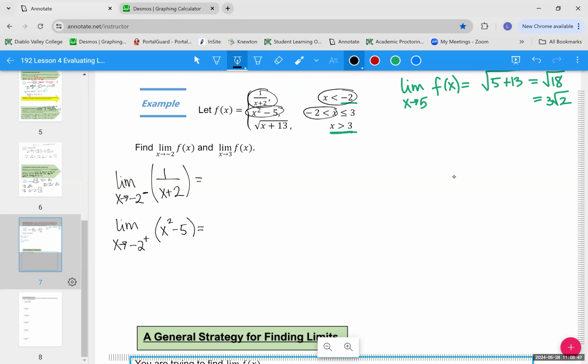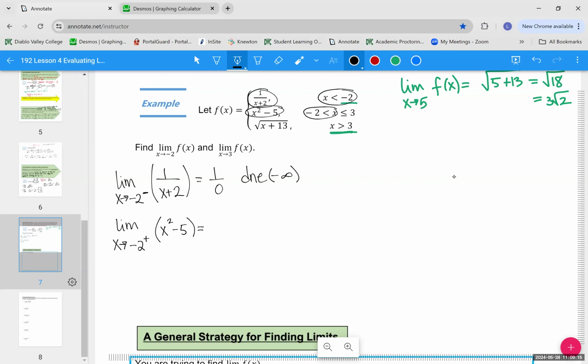So when I approach -2 from the left, I get 1 over 0, which tells me that this limit does not exist. And in fact, if I look at something less than -2, like a -3, I would have a negative number. So this is actually approaching negative infinity on this side.